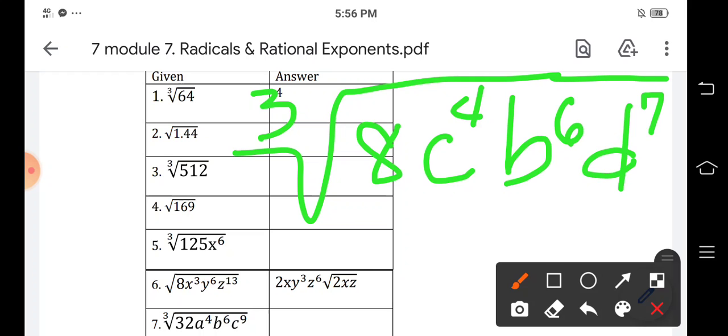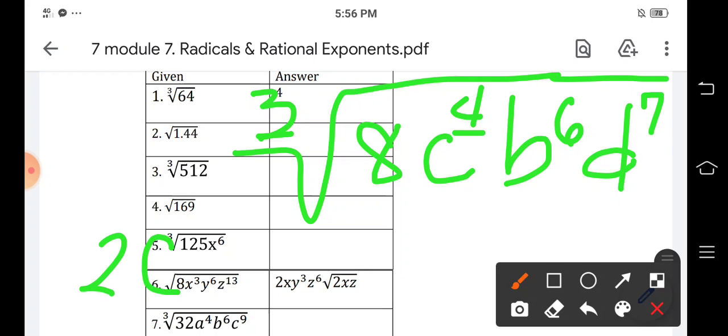The cube root of 8 is 2, that is 2 times 2 times 2, or 2 cubed. So the cube root of 2 cubed is 2. Then c to the fourth power: if you divide 4 by 3, the answer is 1, remainder 1. So we got c.